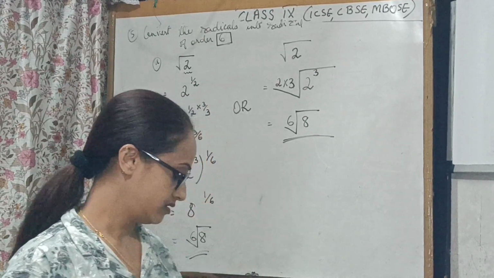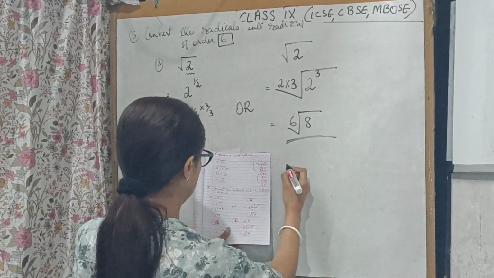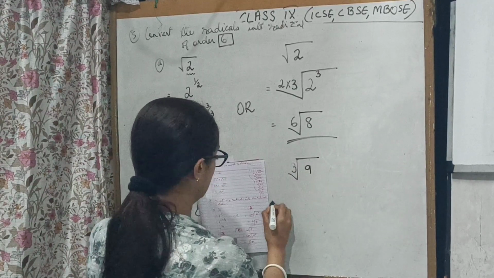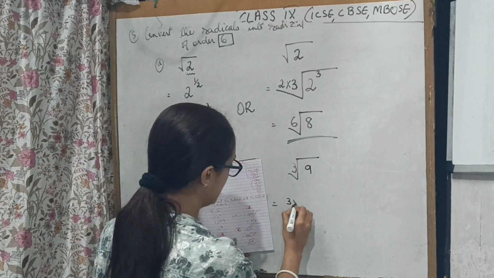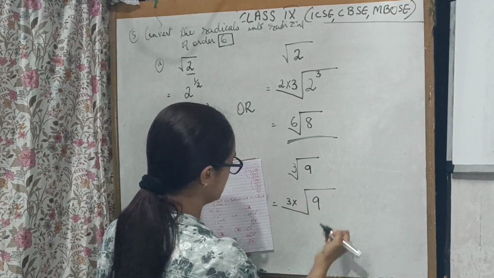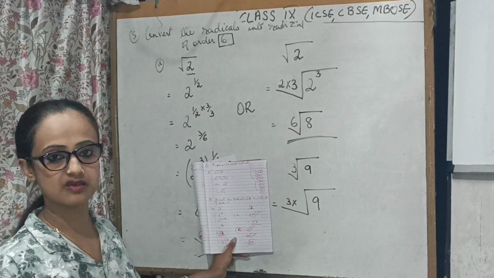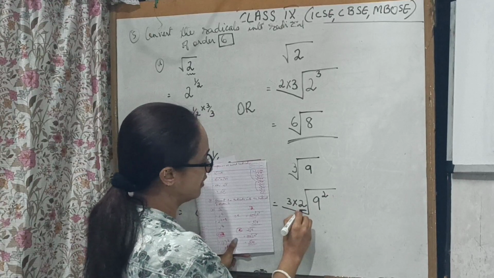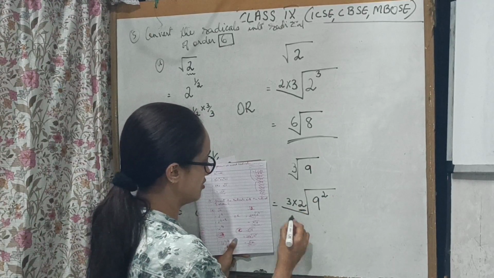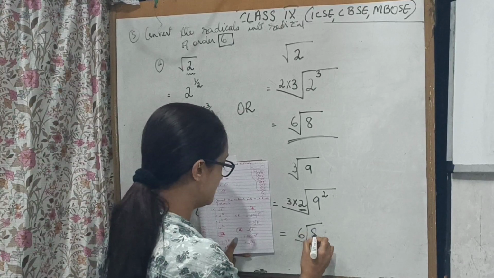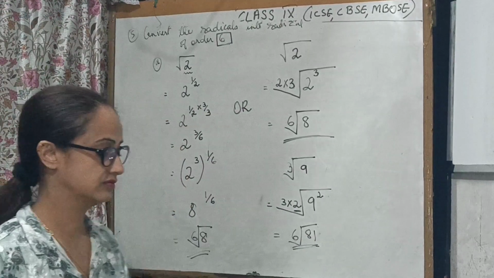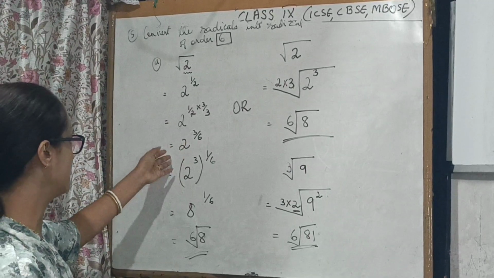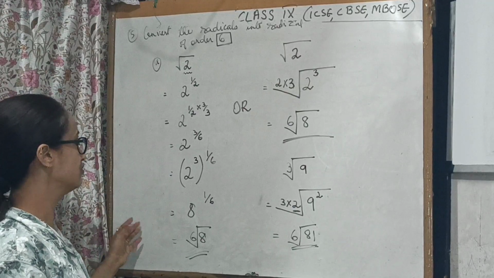Okay. And let's do one more sum. Don't be afraid of the easy process. 3rd root of 9. They need order 6. Stick the 9. 3 into what will make 6? 3 2. As soon as you write 2 here, put a 2 here as your power also. 3 2s are 6. 9 9s are 81. Yes, of course, if you understand this well, you can do it, but it takes a little long to complete the sum.